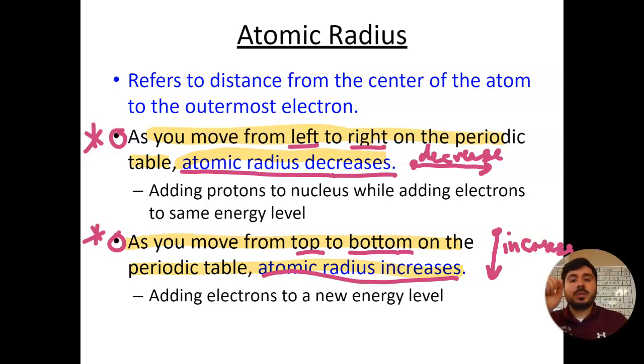Again, as you move from the left to the right, you're going to see a decrease in atomic radius, and as you move from the top down a group, you're going to see an increase in atomic radius.